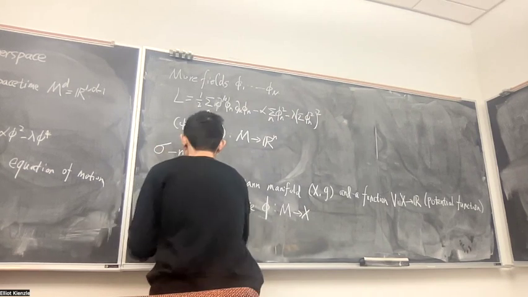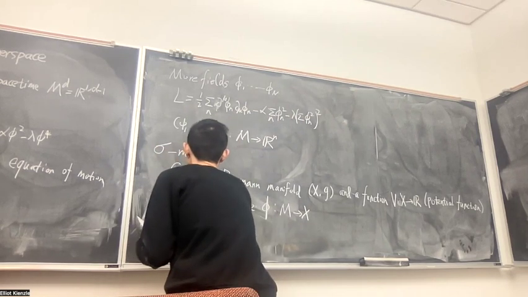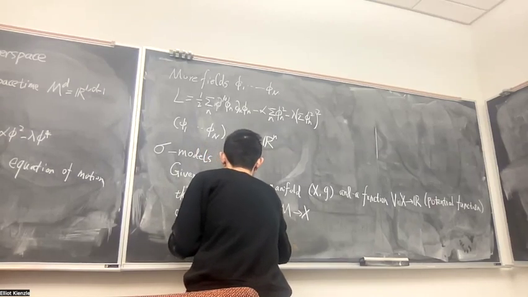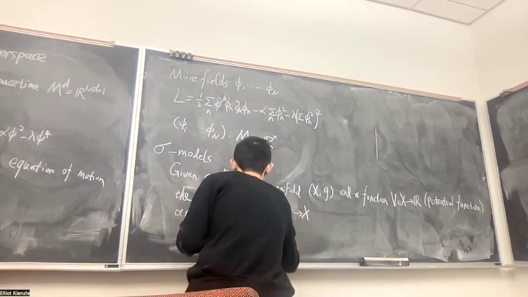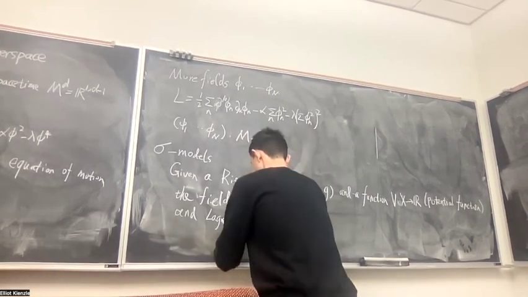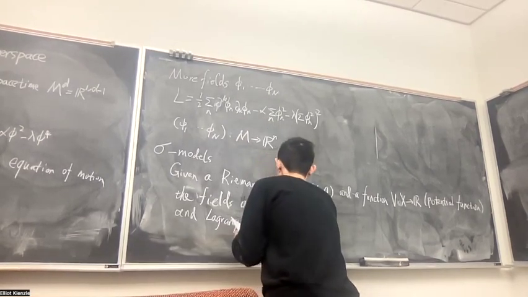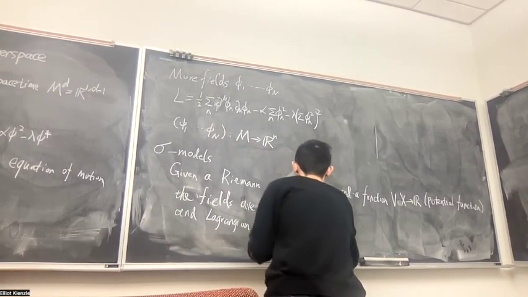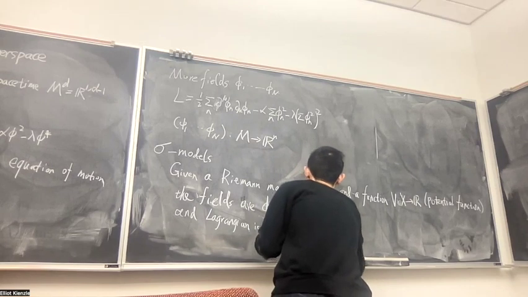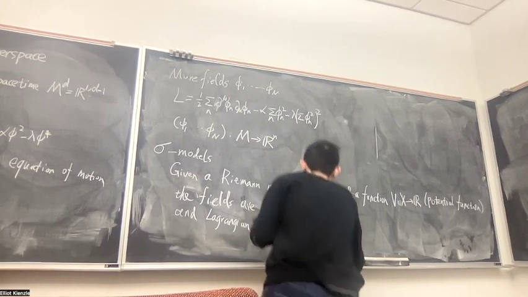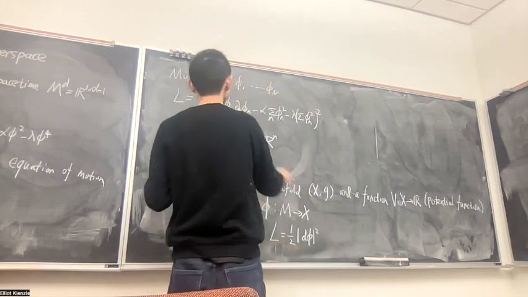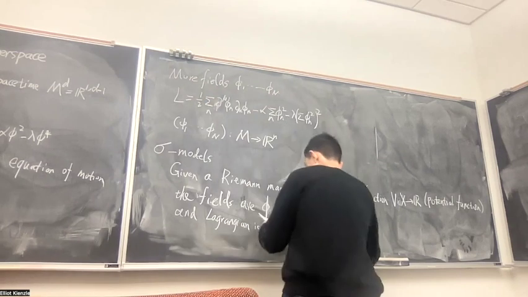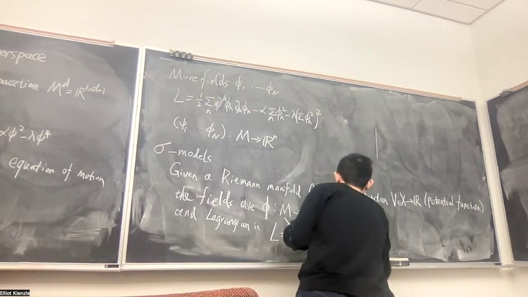And I also need to specify the Lagrangian. Let's say first you have an analog of the kinetic term, which contains derivatives, and also a potential term.